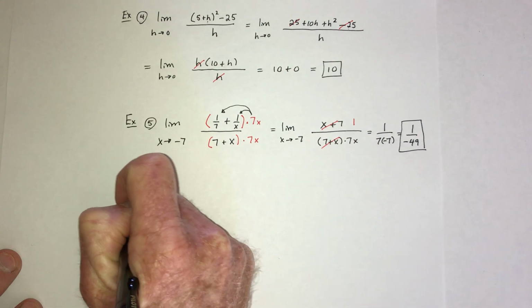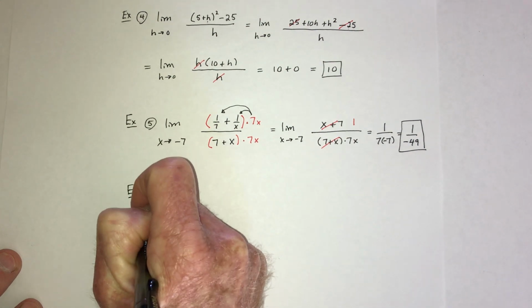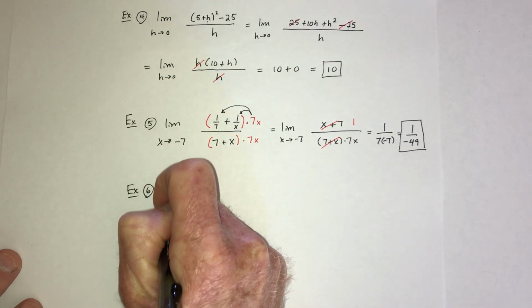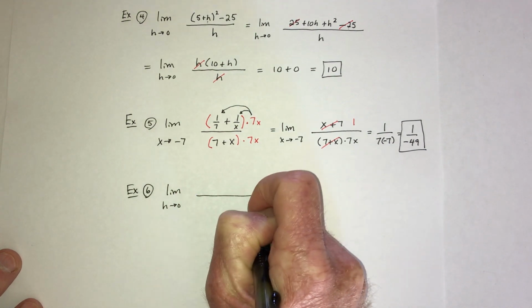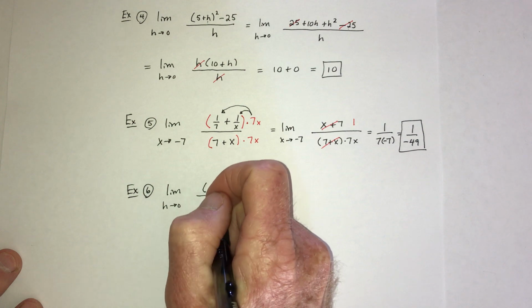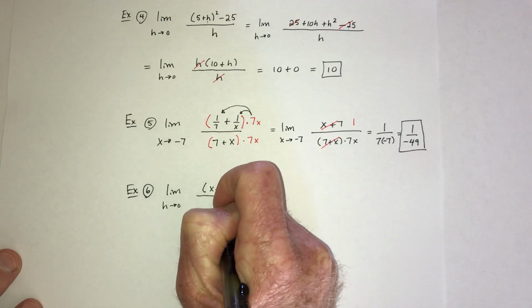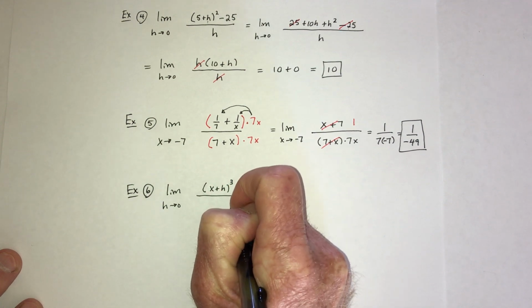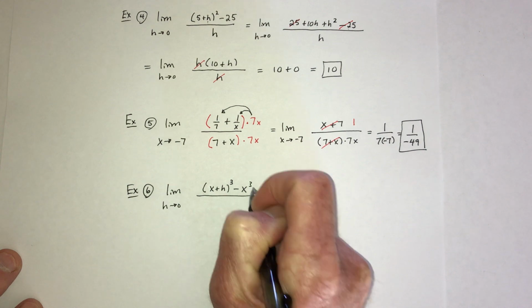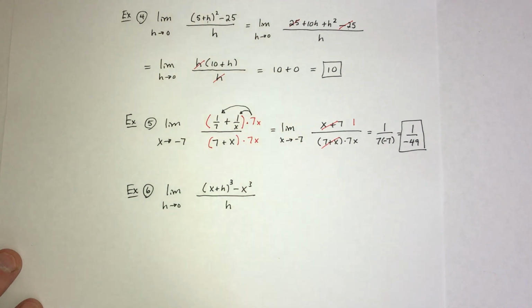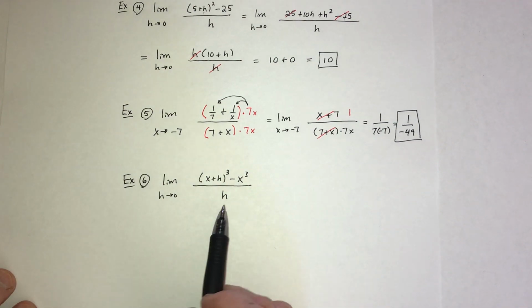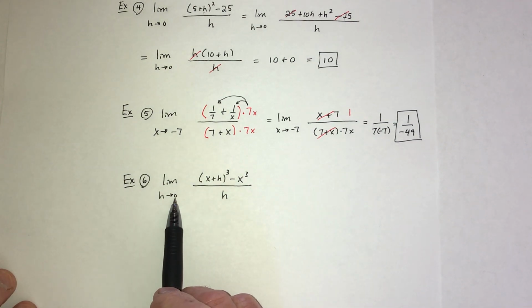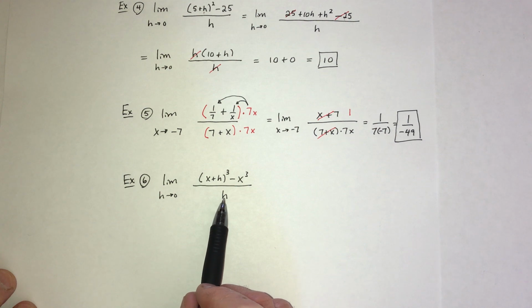Then for example number 6, how about the limit as h goes to 0, and it's got x plus h cubed minus x cubed over h. So as with all the other ones, this one has division by 0, so we need to do algebra.